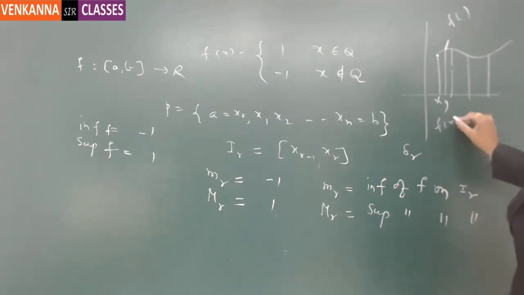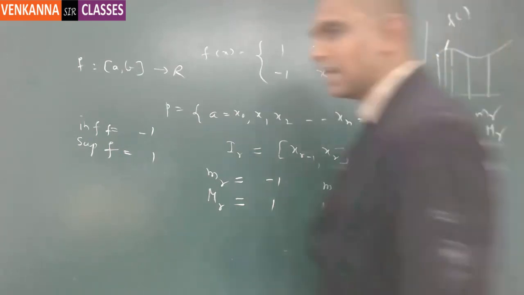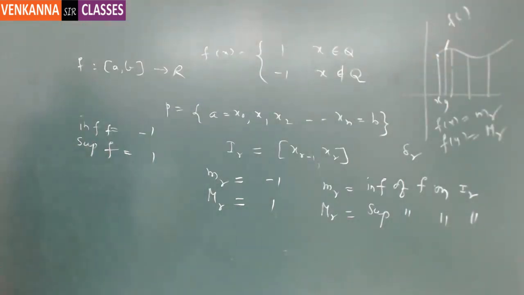So f of x is nothing but the infimum, f of y is nothing but the supremum. That is the thing we need to understand. We are not considering the endpoints. So small mr gives the smallest value of the function on the subinterval. Capital MR gives the biggest value of the function on the subinterval. Okay?